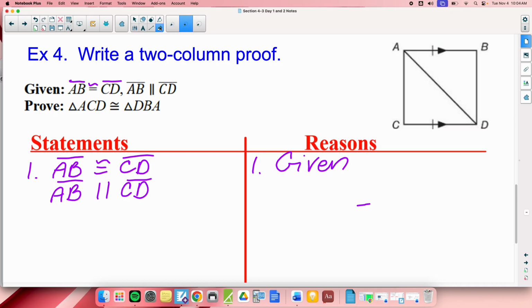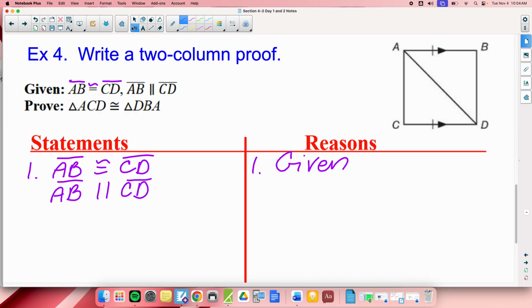Okay. Now, we have it marked that AB and CD are congruent, so that's good. And then this means parallel, and you get that's what they have those arrows for? Okay.